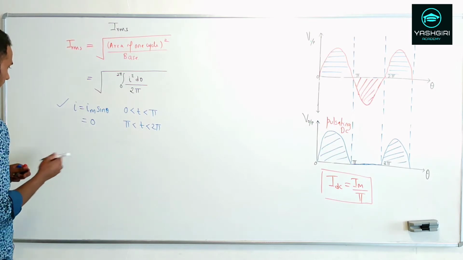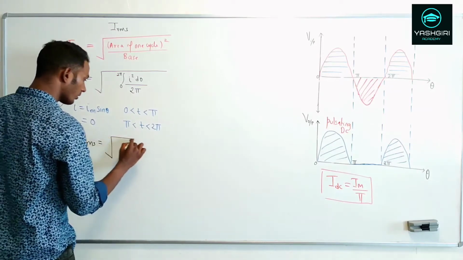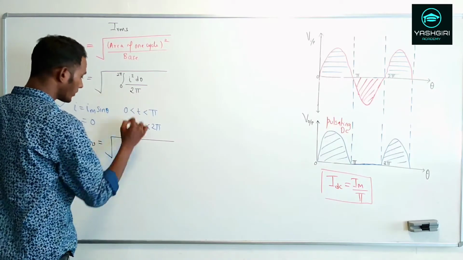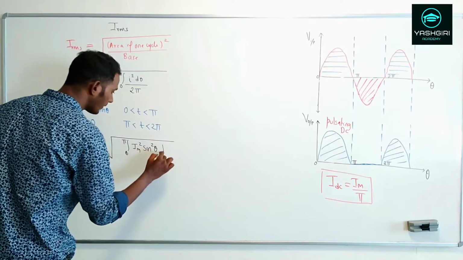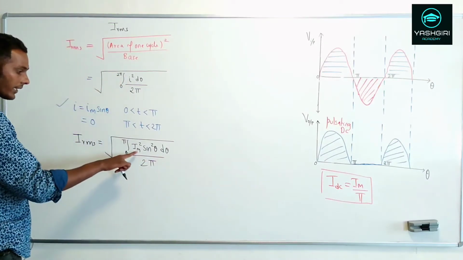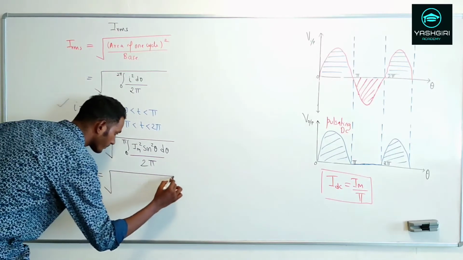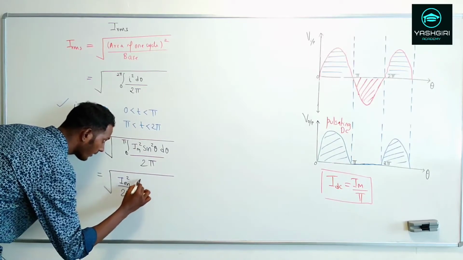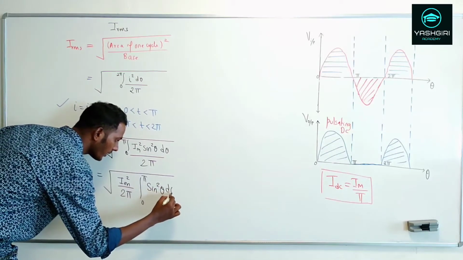So I can write IRMS is equal to the square root of the integral from 0 to pi of I square, that is Im square sin square theta d theta, divided by 2 pi. That's the base. So I can take this out and write it as the square root of Im square divided by 2 pi, integration from 0 to pi of sin square theta d theta.